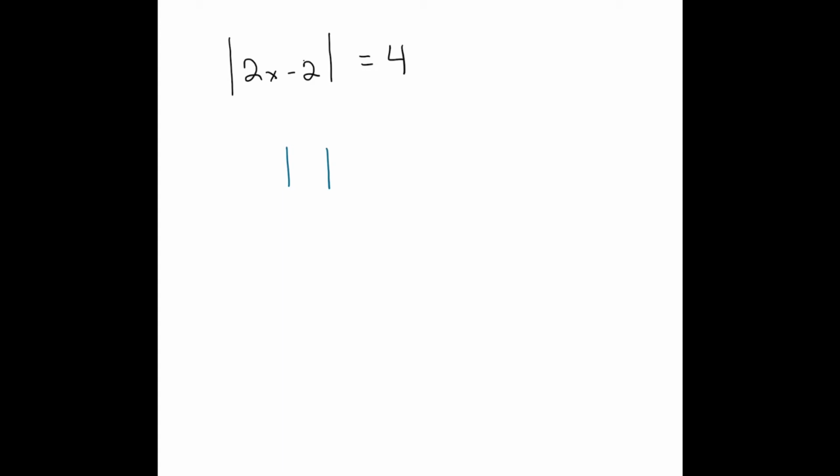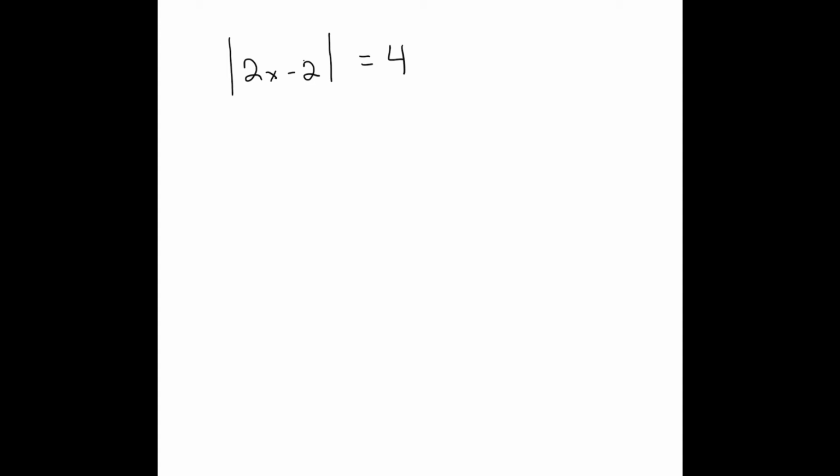Remember before I said the absolute value of 4 is going to equal 4. But also, if we had the absolute value of -4, that would also give us a 4. Why? Because it has to be positive. So keep that in mind when we're doing our problems, and you're going to see why that is so important right now when we talk about how to go about solving this problem.